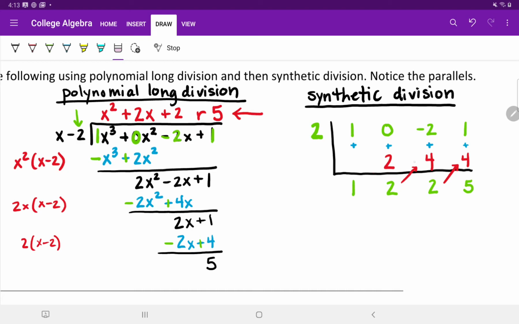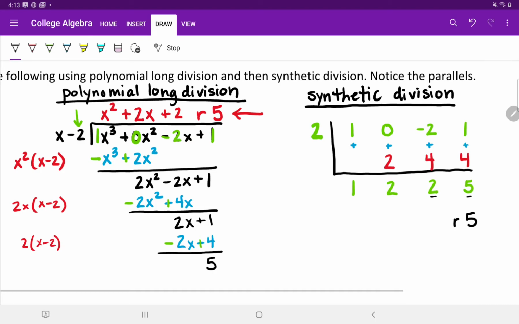But you might be thinking, how is this our answer? Well, it's a little tricky. Sorry, I erased our 4 here. So our answer is 1, 2, 2, 5, but we actually have to write that in a way that resembles what our answer should really look like. Whatever you got on the furthest right, that's your remainder.